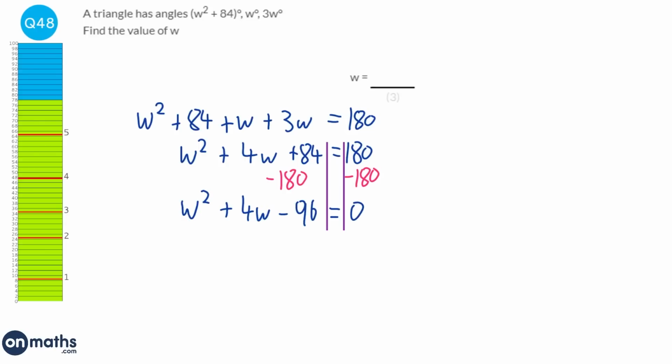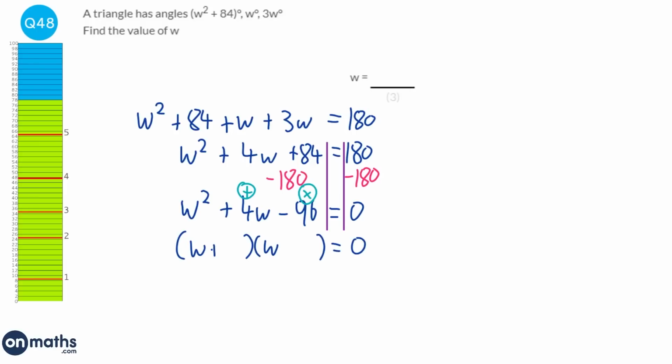So with quadratics, when we're trying to solve them, we need to put them into brackets. To do that, we need two numbers that add together to make the 4 here and multiply together to make the 96 here. So just going through different numbers for 96, and you can try different ones. The first thing in the bracket would be w.